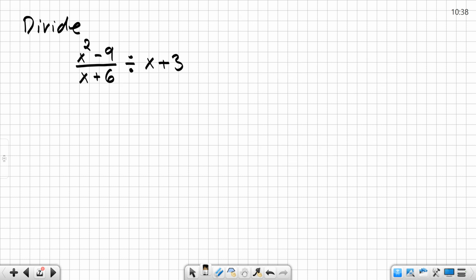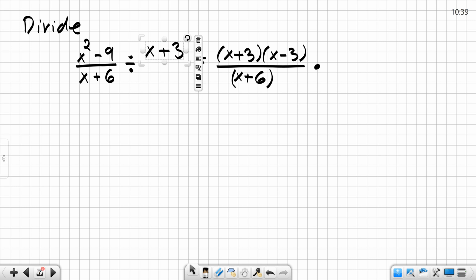Let's do one that looks a slight little bit different, just because there will be something like this on the homework. So in this case, I'm dividing a rational expression by x plus 3. Again, difference of two squares divided by x plus 6 over x plus 6. Division turned into multiplication, and now you may think about x plus 3 as x plus 3 divided by 1.